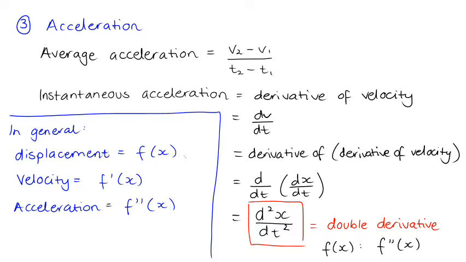So if you had something like y equals x cubed minus 6x squared plus 12x plus 12, find the derivative of that, then find the derivative of that derivative.